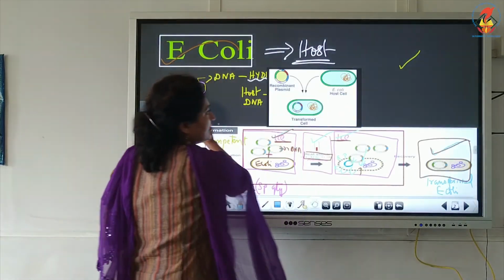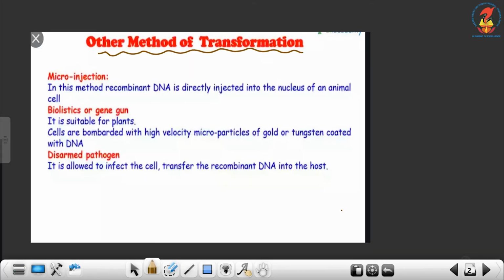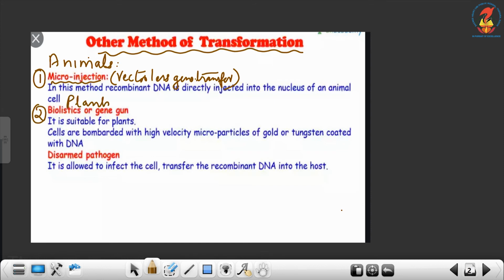So finally, in a nutshell, if animals are used as the host, then the option is microinjection, which involves an instrument. So this is an example of vectorless gene transfer. Then if plants are used as the host, it is biolistics or gene gun, which is also a vectorless gene transfer.